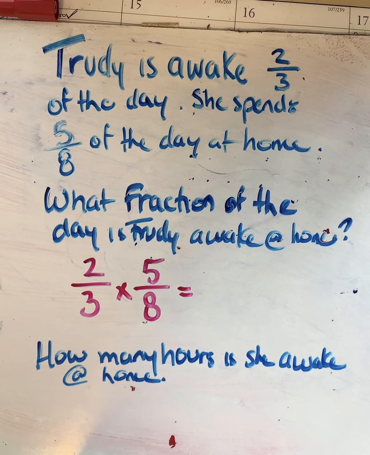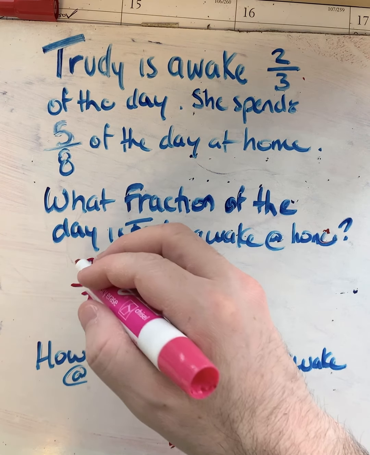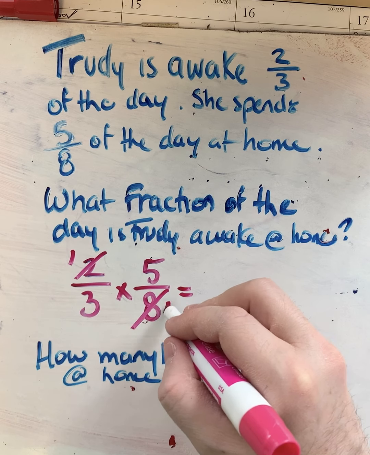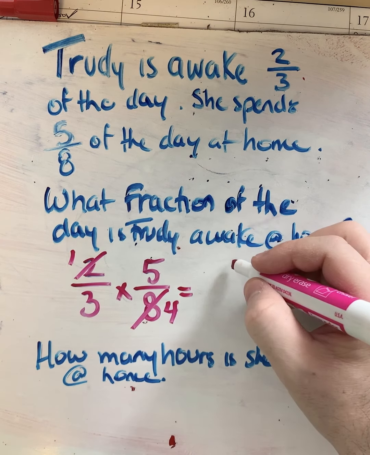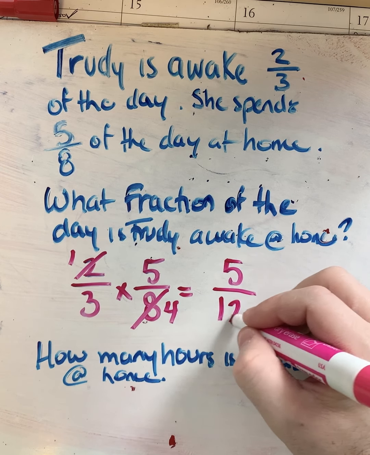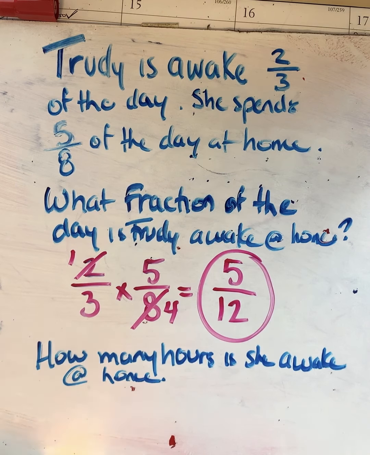Again, I'm always looking to reduce. So I see that I can reduce the 2 and the 8. 2 goes into 2 once. 2 goes into 8 4 times. 1 times 5 is 5. 3 times 4 is 12. I'm left with 5/12 of the day.